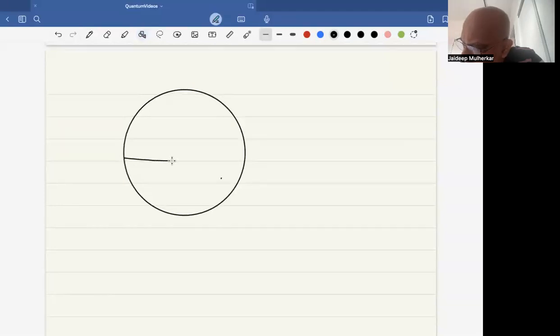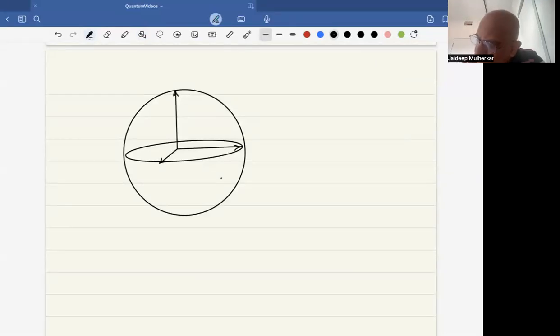So there is this sphere, and the surface of the sphere are points which represent qubit states. So I have, let's say, a point over here, and this angle is theta, and this angle is phi.